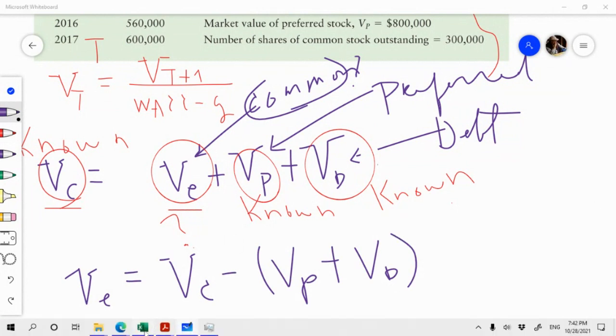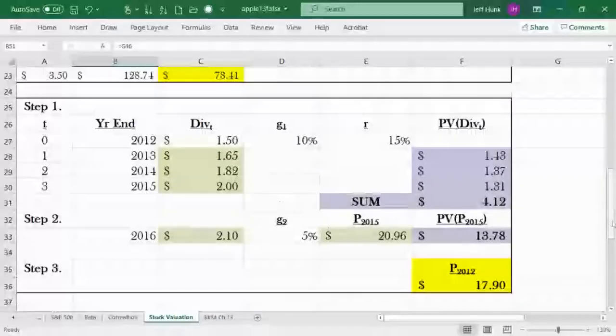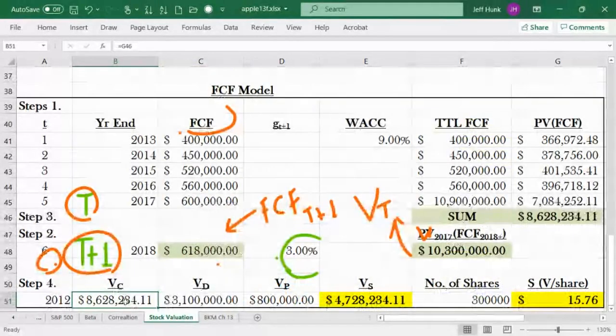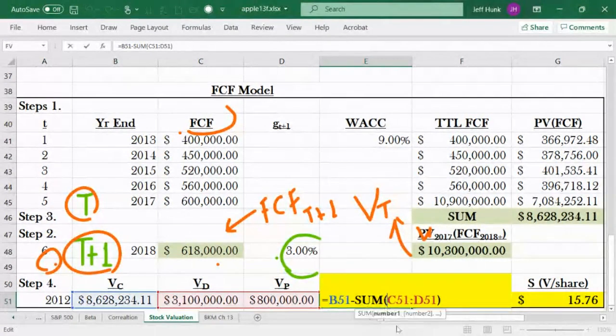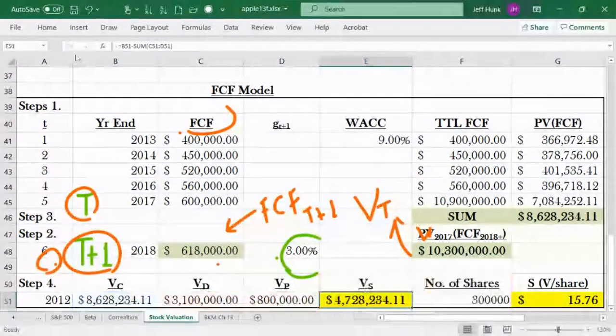So that's what I did here. From the value of the company, I subtracted the value of debt and the value of preferred stock, all given. So the value of the common stock, right?